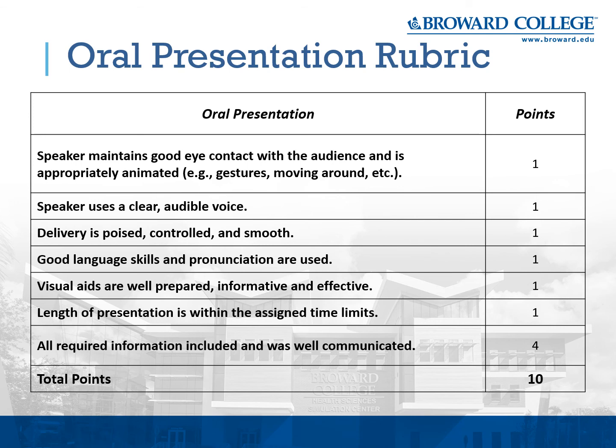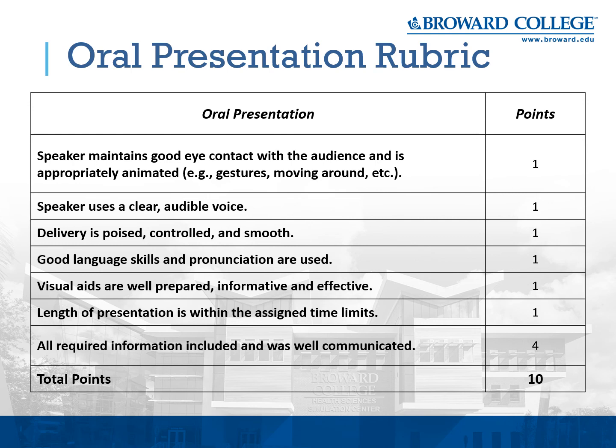Through Blackboard Collaborate, you will speak about your SMART goals and your grit results, and you'll maintain good eye contact. You'll speak using a clear, audible voice. You'll deliver a poised, controlled, and smooth presentation, which should have been practiced beforehand.